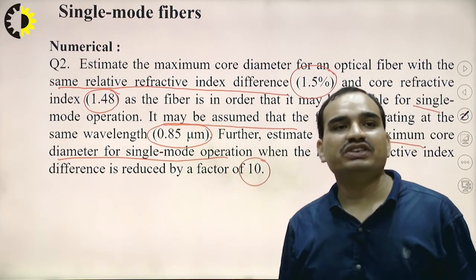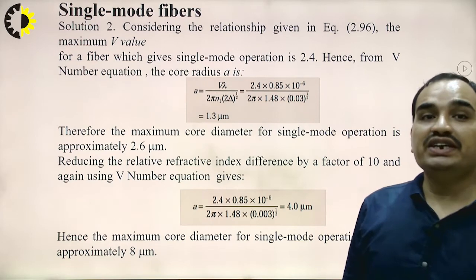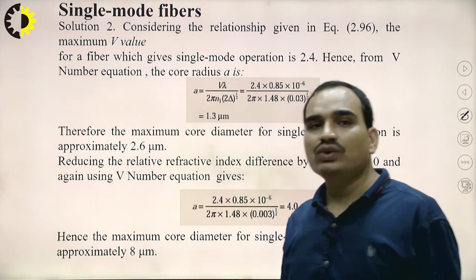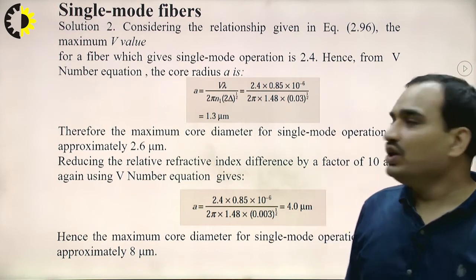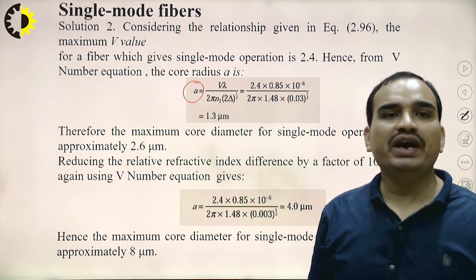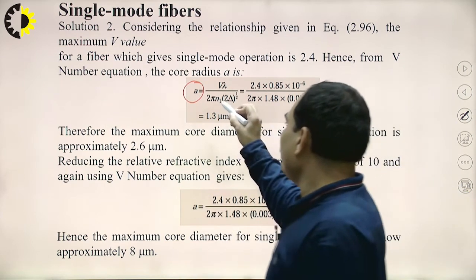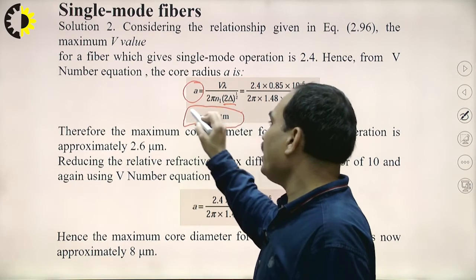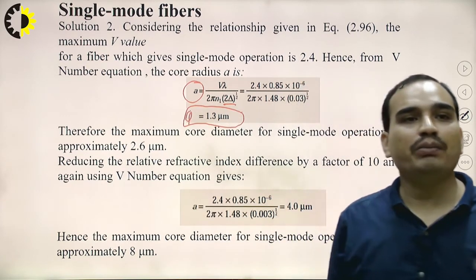So the solution for this numerical. Considering the relation with the V number, we have the value 2.4. So the core radius can be calculated as V lambda by 2 pi n1 root of 2 delta. Substituting, we are getting the value of the core radius a as 1.3 micrometers.